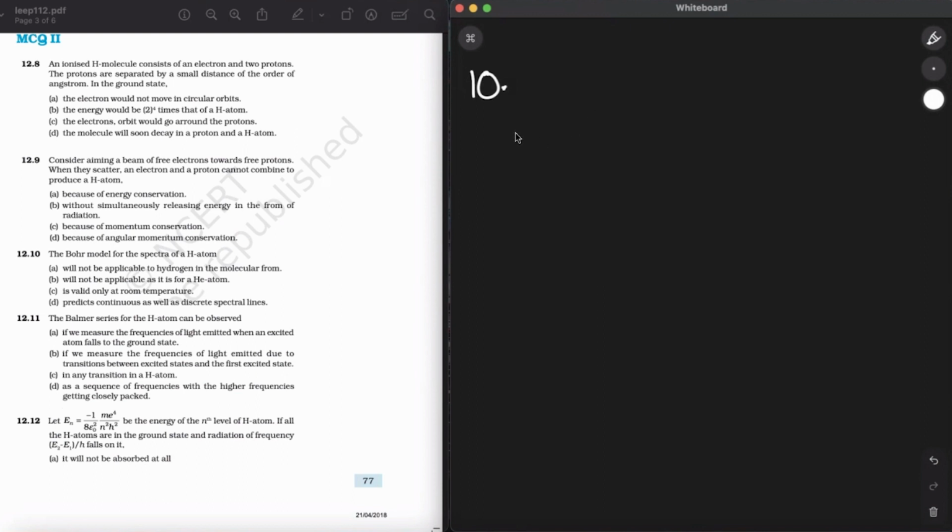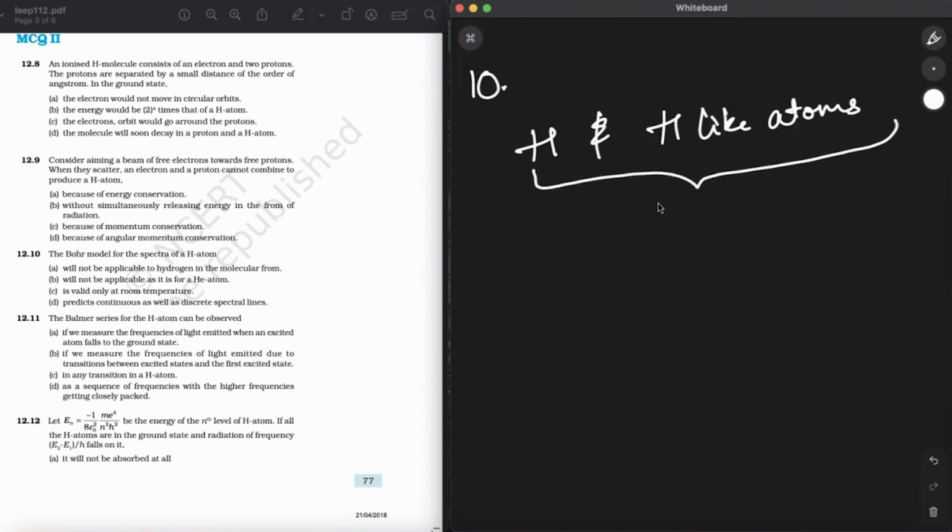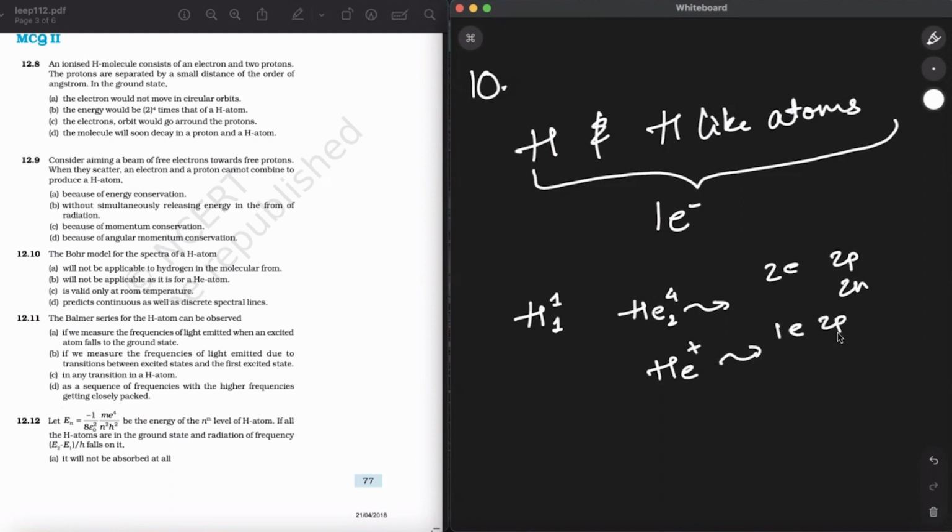Check it. As Bohr stated, the Bohr model for the spectra of the H atom will not be the same for hydrogen and H-like atoms. What is so unique about them? They have only one electron. The molecular formula of hydrogen is H2. If I write about helium, it is He, mass number 4, so it has two protons, two neutrons. But if I write helium positive, it will have one electron, two protons, two neutrons.